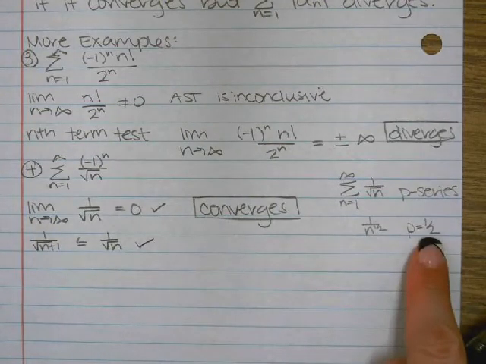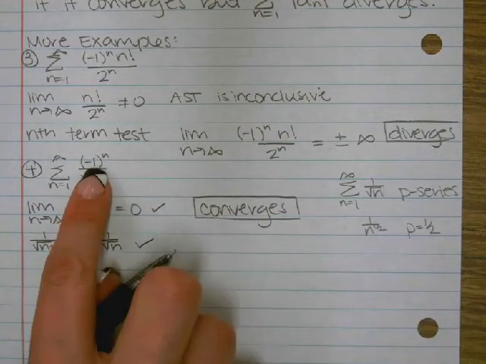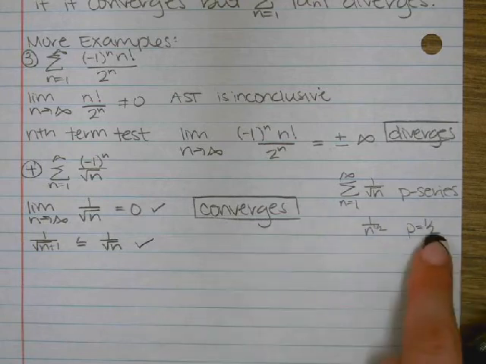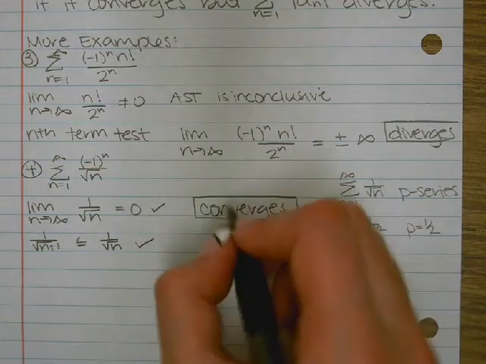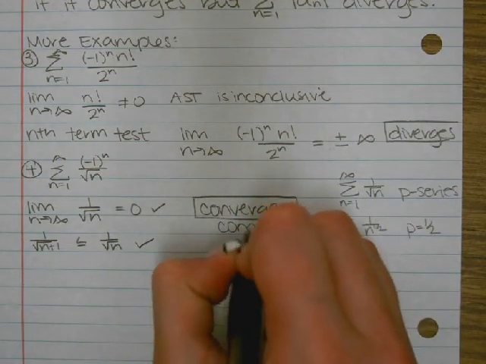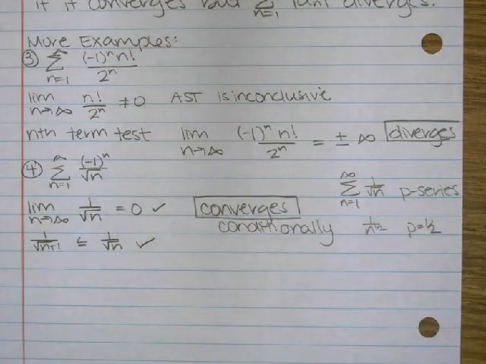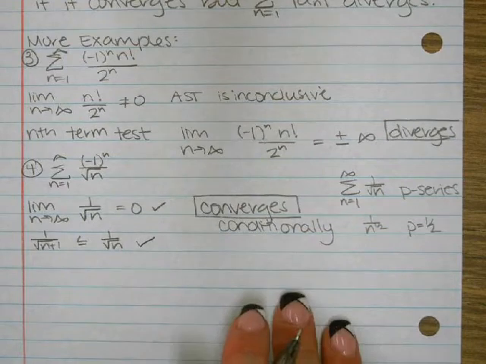And when you have a p-series, if the p-value is less than or equal to 1, we say it's divergent. So while the alternating series version converges, if it wasn't alternating, it would not. And so we're going to say that this converges, but it does it conditionally. It really only converges because those signs are alternating.